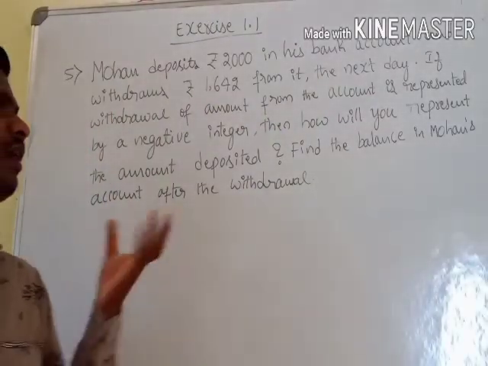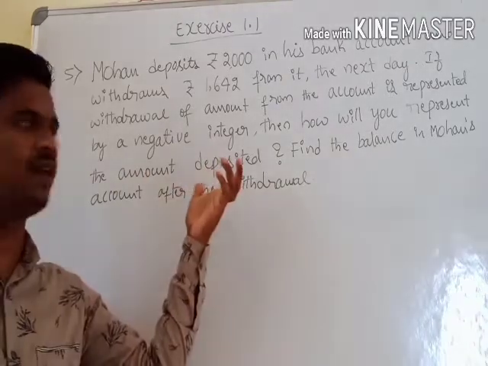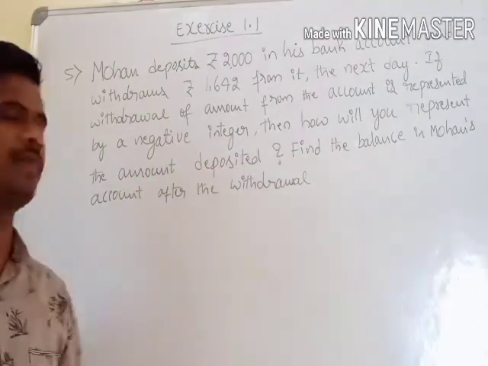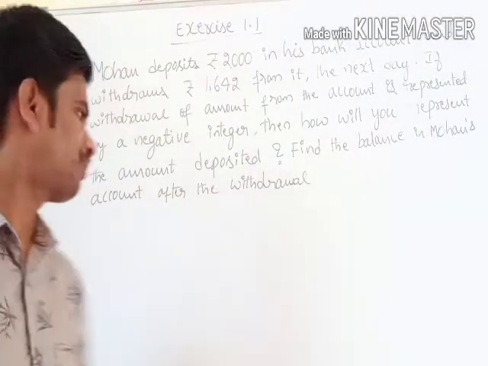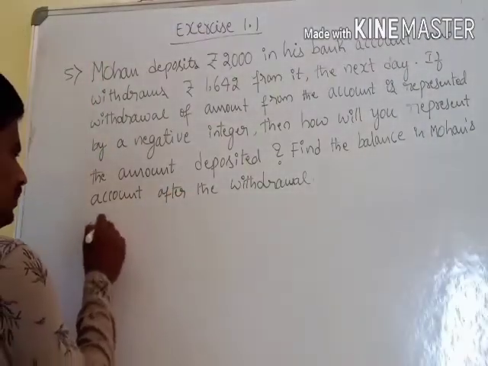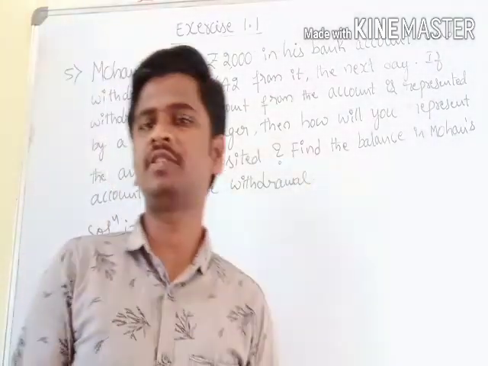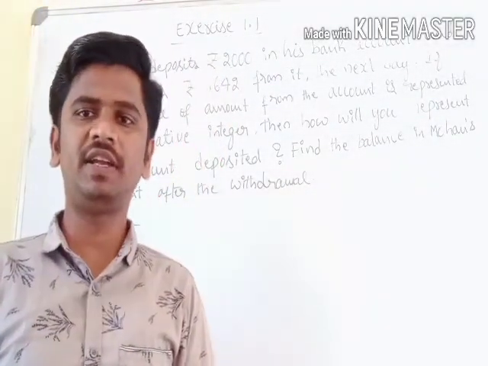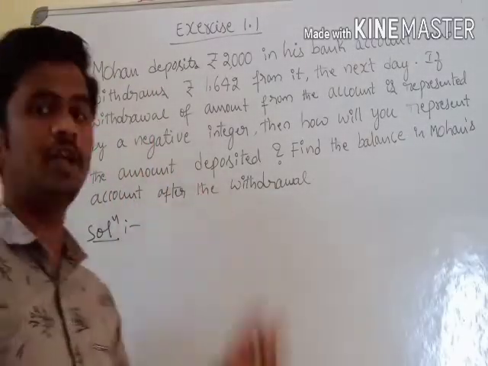Which are, how we have to represent the amount deposited and how much is the balance after the withdrawal. Here they have given that the withdrawal amount is represented by a negative integer. It means how will you represent the amount deposited?